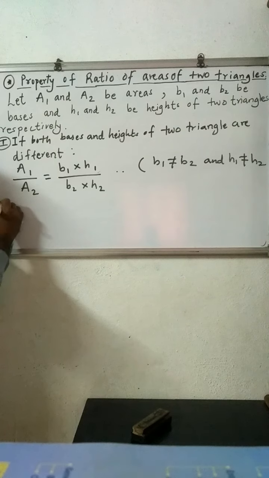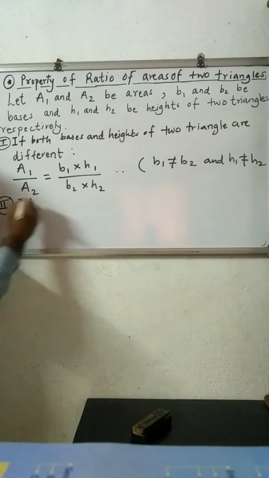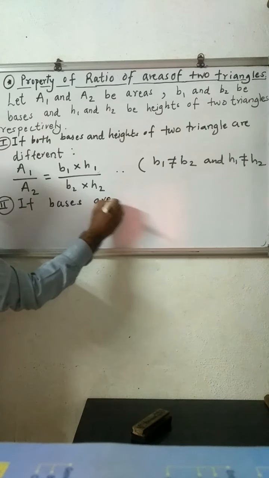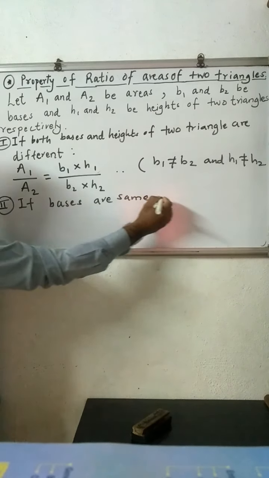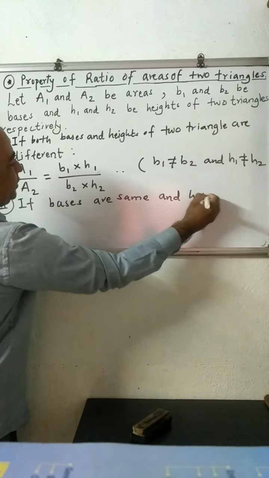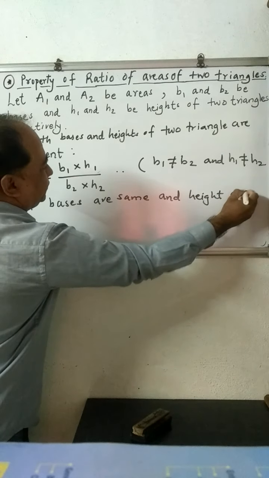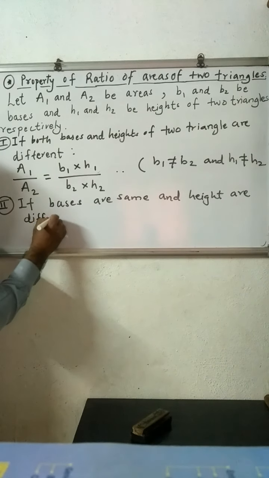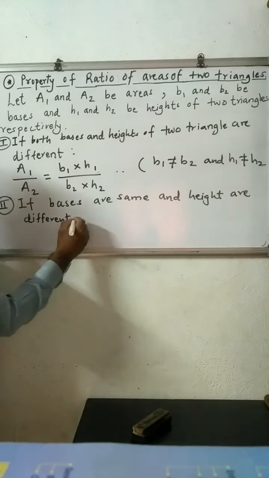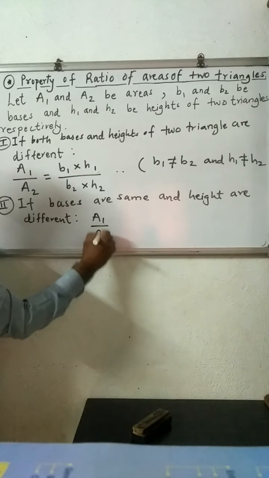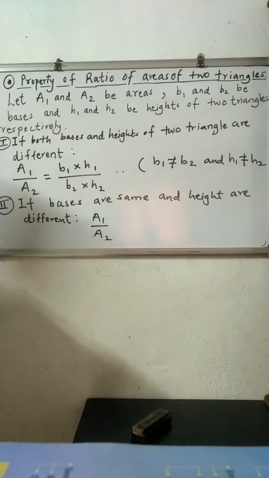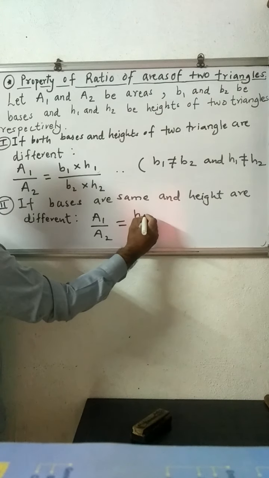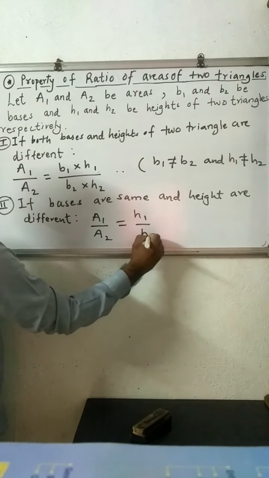Second property: if bases are same and heights are different, then the ratio of area of two triangles A1 upon A2 is equal to the ratio of the length of their corresponding heights, H1 upon H2.